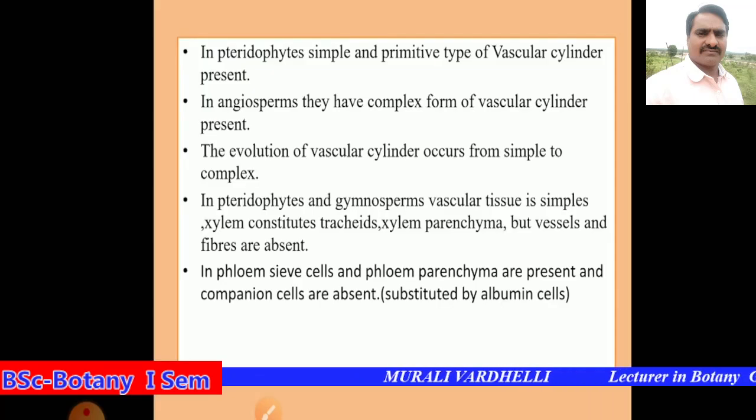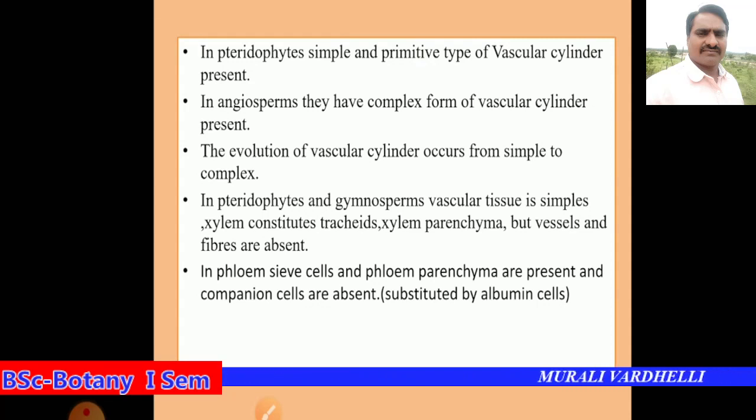In pteridophyta, a very primitive and simple type of vascular cylinder is present. But in angiosperms, a complex form of vascular cylinder is present. The evolution of the vascular cylinder occurs from simple to complex.